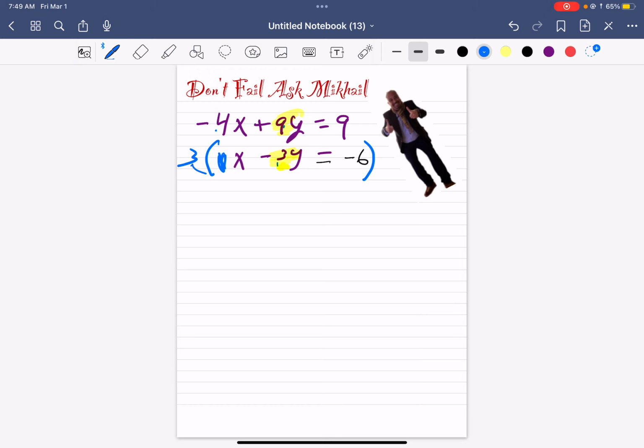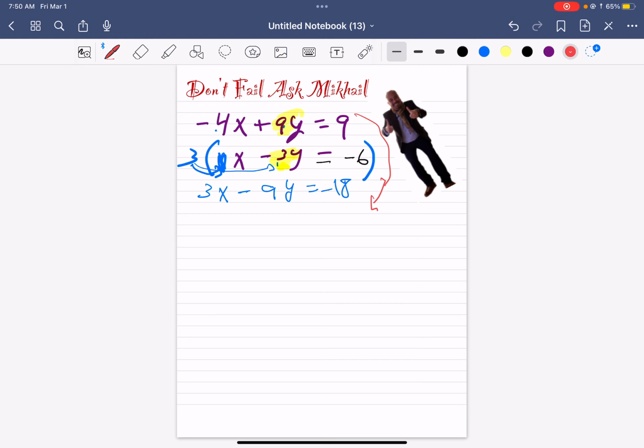So 3 times 1, so that's going to be 3x minus 3 times 3, negative 9y equals 3 times negative 6, negative 18. Remember, the top one is the same. I did not touch it.